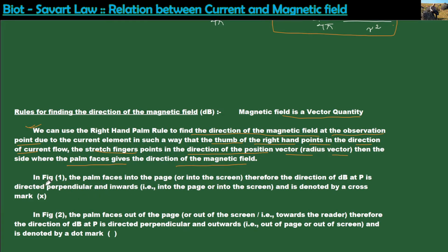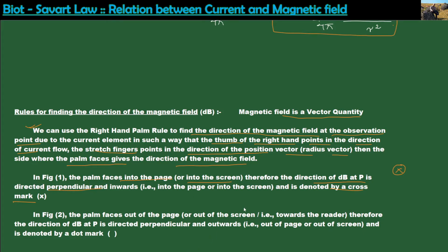If the palm faces into the page, or into the screen, then dB at that point P is perpendicular and inwards, and it is denoted by the cross mark.